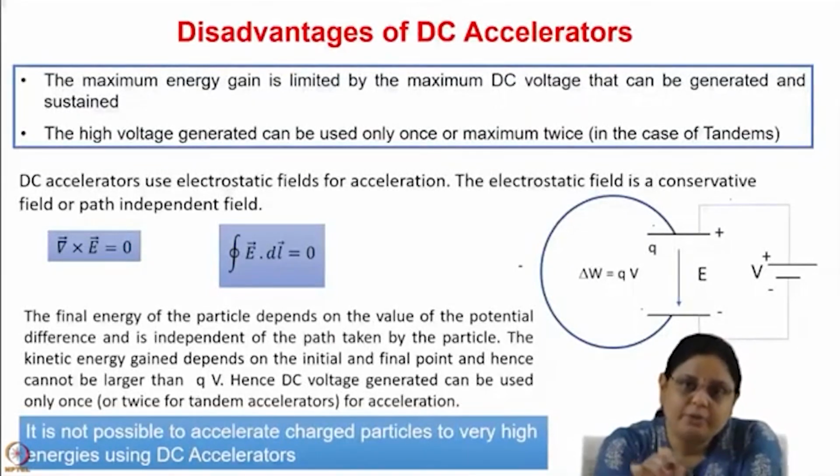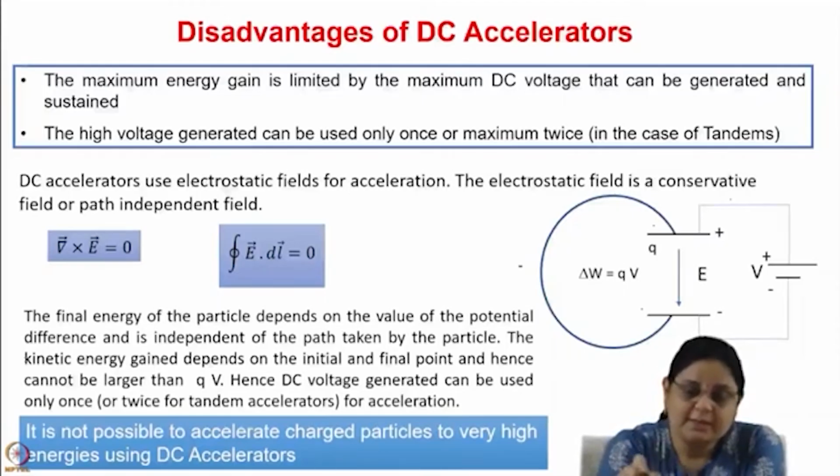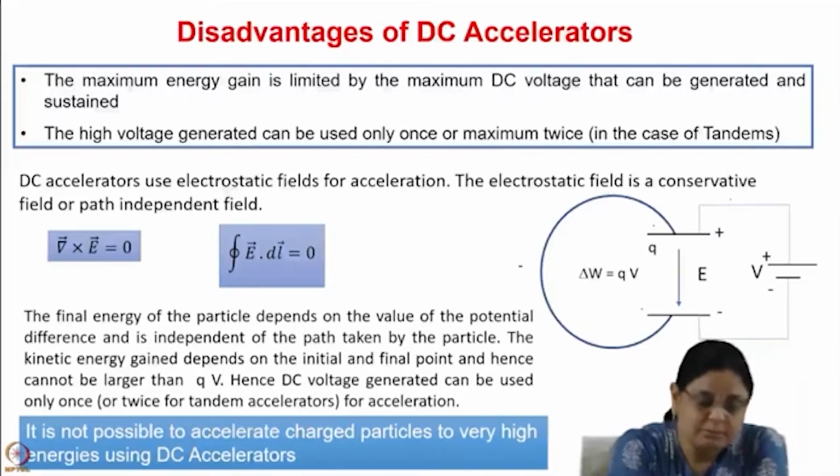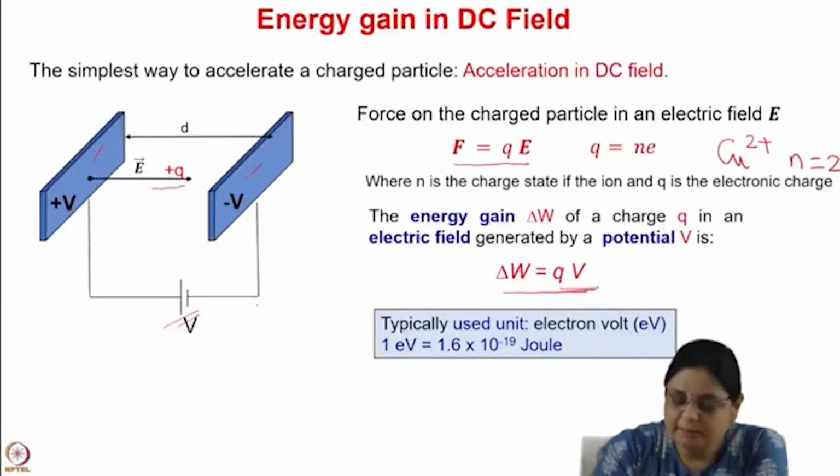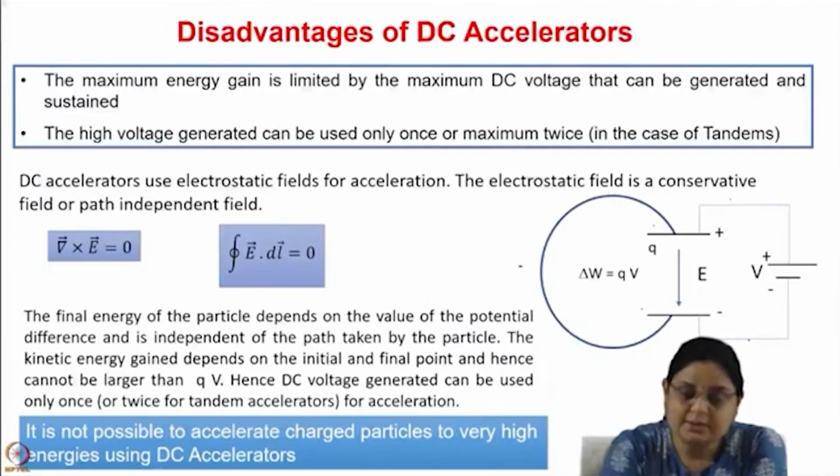So why do we need to go to RF accelerators? Because DC accelerators have certain disadvantages. The maximum energy in a DC accelerator is limited by the maximum voltage that can be generated. The energy gain depends upon how high a voltage you can produce and sustain. So this is limited.